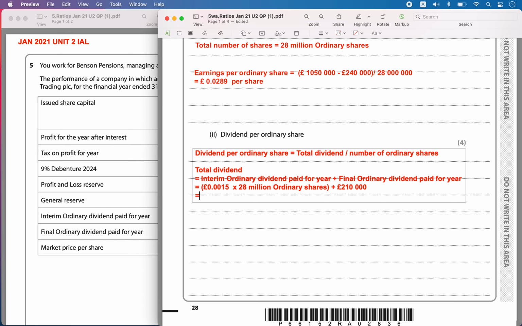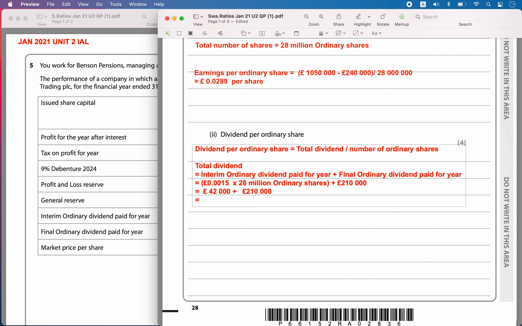So let's calculate the total dividend paid. 0.0015 into 28 million is equal to 42,000 pounds, plus 210,000 pounds, so that is equal to 252,000 pounds.